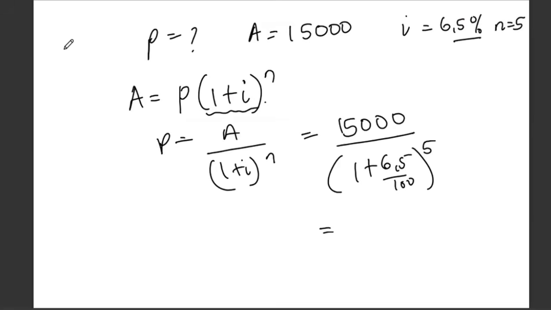Okay, so I'm getting a very weird answer. So we're saying 15,000 divided by 1 plus 6.5 over 100 to the exponent of 5. Okay, so I'm getting 10,948.21. Okay, so that is how much was saved, or that's what they started with.